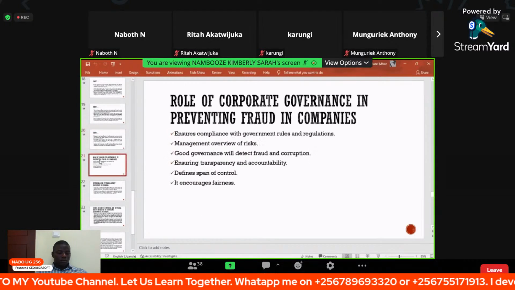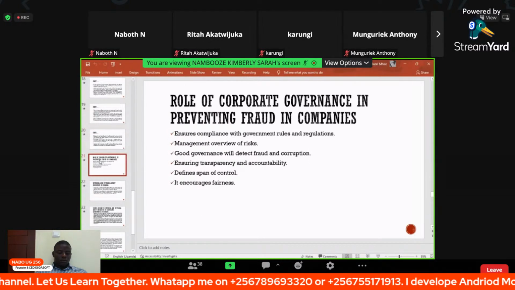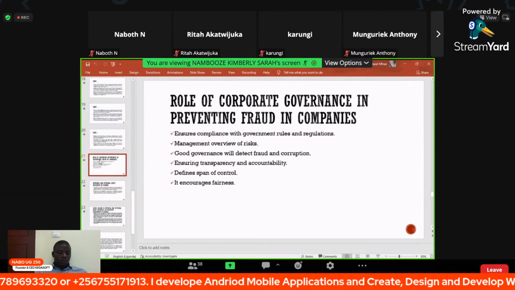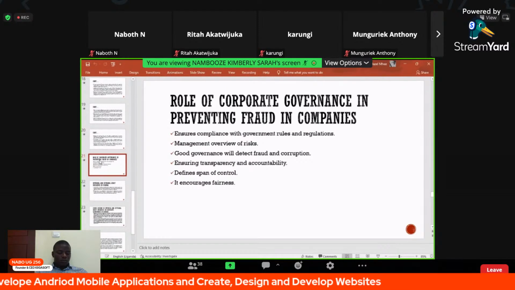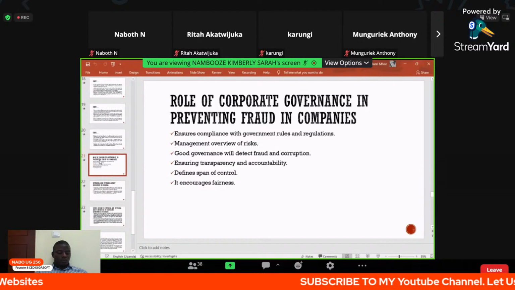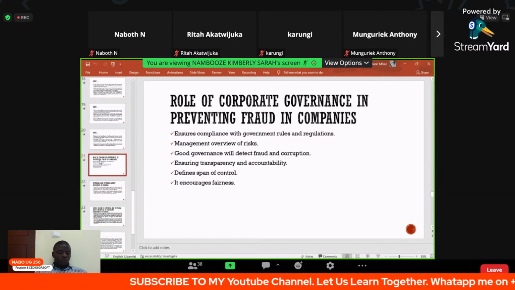Moving on to the role of corporate governance in preventing fraud in companies. Corporate governance ensures compliance with government rules and regulations. There is management oversight of risks, because managers can see where the manipulation of figures is, if some information is wrong, and so on.